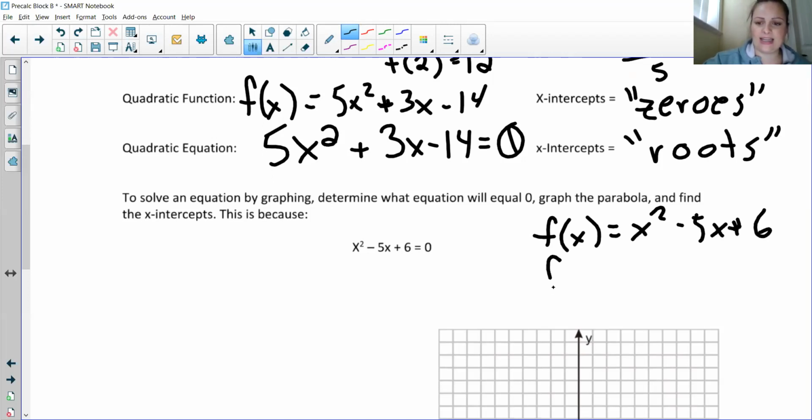But you're still setting f of x to be equal to 0. So even though we're going to graph a parabola, and it's going to look like there's all these points that exist on the line, we don't really care about all those other points. We just care about the x-intercepts, because those are going to be the roots or our solution.